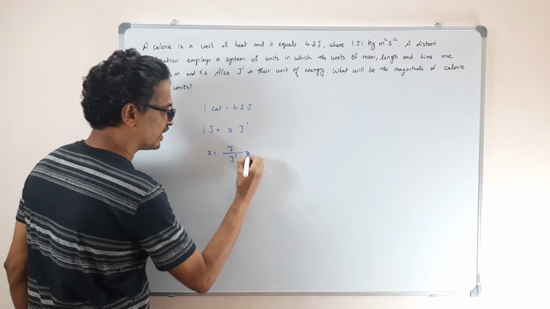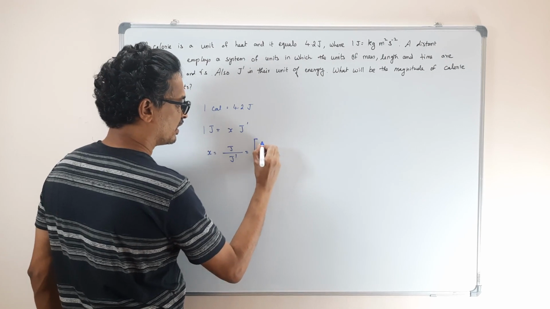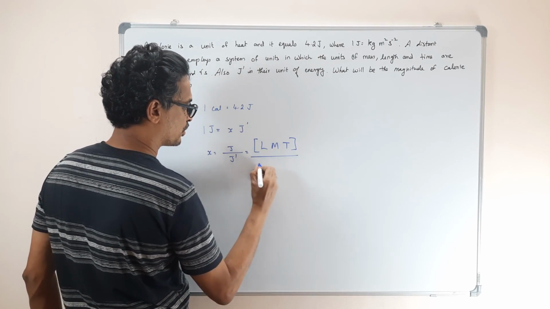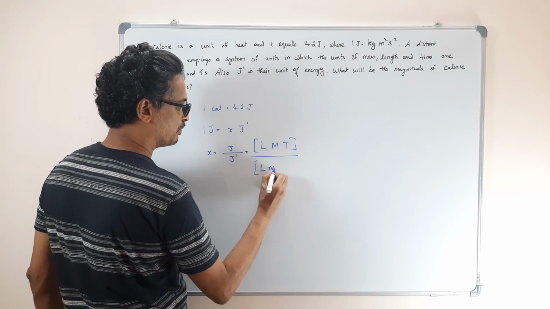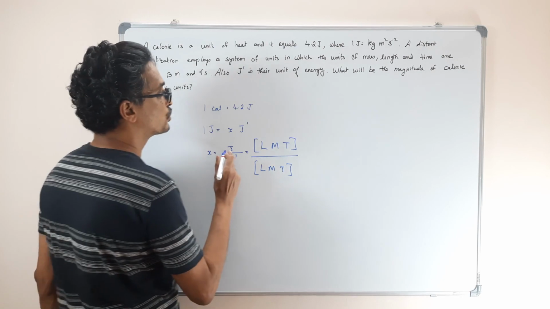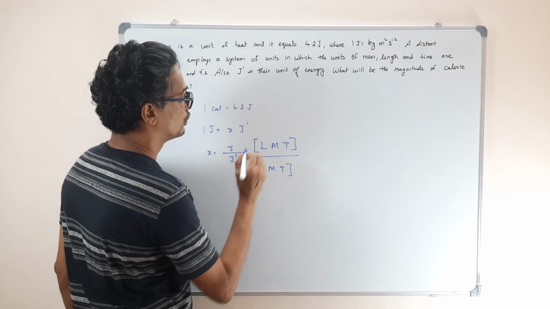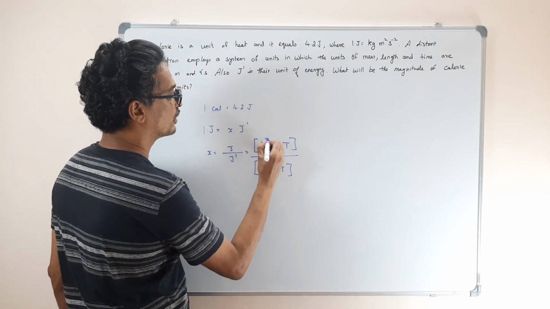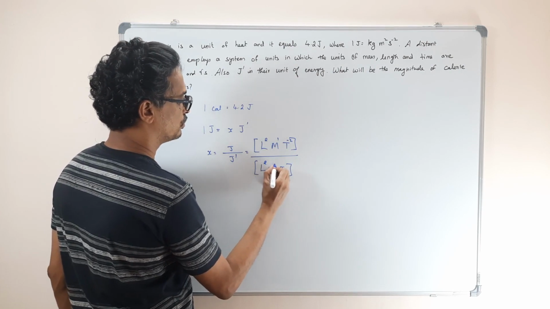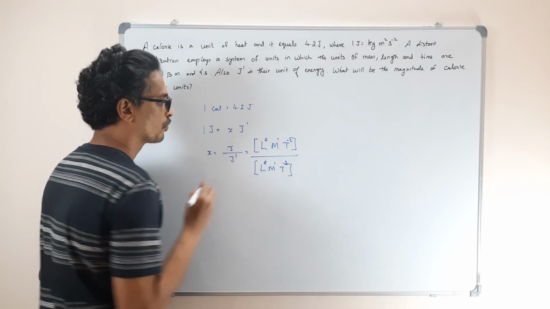What is the dimension of energy? It is LMT on top and LMT at the bottom also. You remember we did this last time. For joule, length is 2, mass is 1 and time is minus 2. So 2, 1, minus 2.